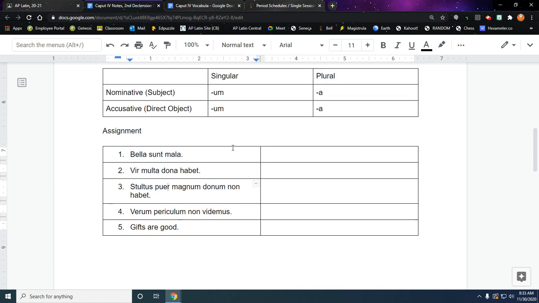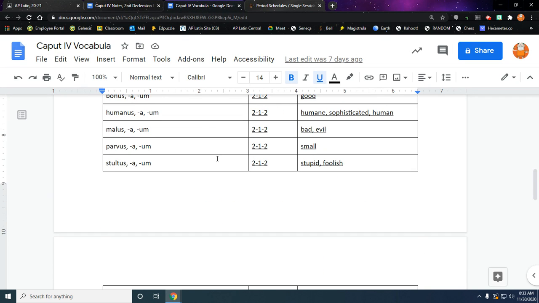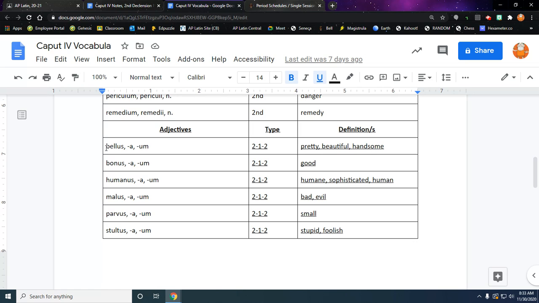Keep in mind that these endings are also used for adjectives. So an adjective, like all of these adjectives we just learned, they're listed with all three genders, masculine, feminine, and neuter, because adjectives have to be able to agree with whatever noun you're describing. So a good man, you would use bonus, and then the rest of the second declension masculine endings.